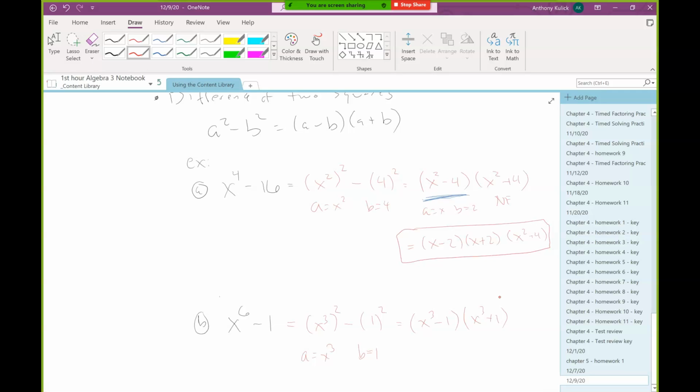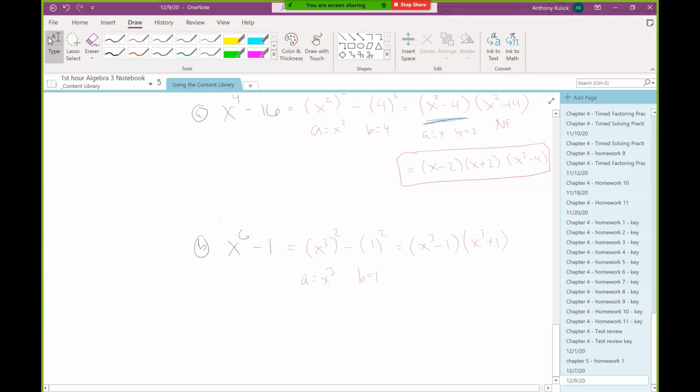But I'm not done here. If you look at x cubed minus 1 and x cubed plus 1, those are a difference of 2 cubes and a sum of 2 cubes, respectively. So we can continue and do a little bit more factoring even still here. So my a is x and my b is 1.